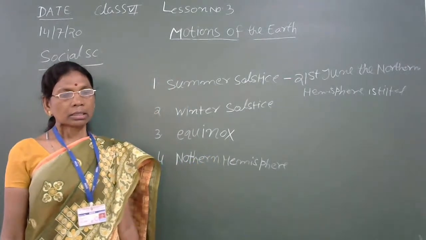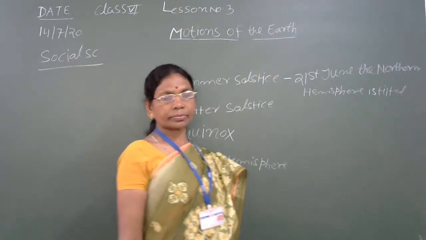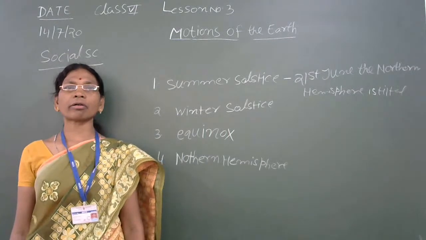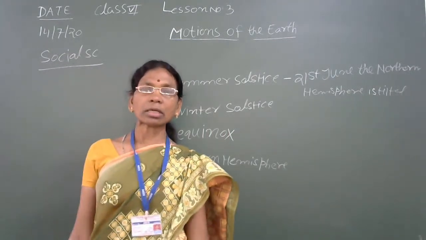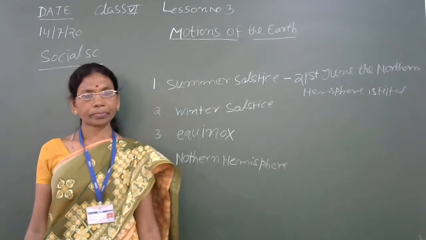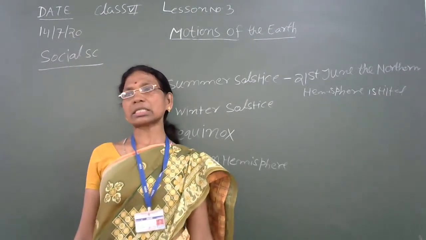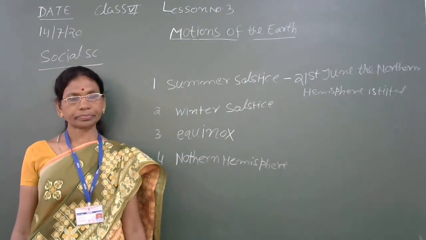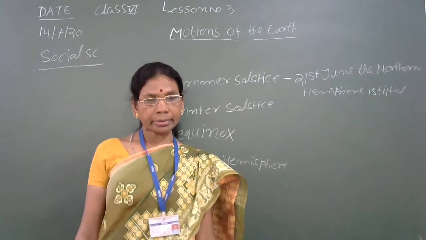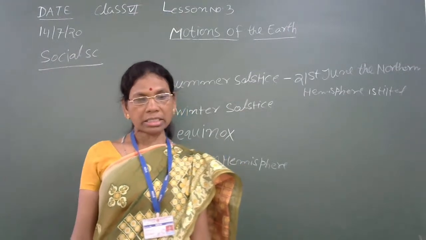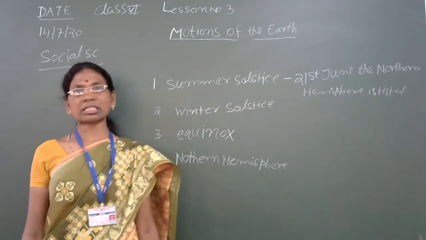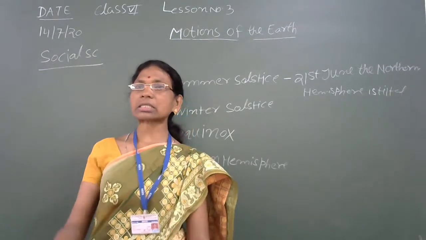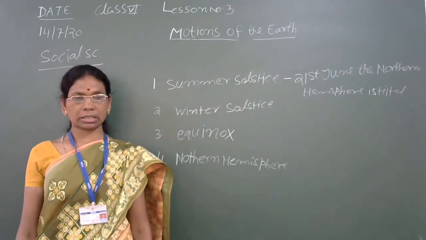Yes, beta. The second motion of the earth is around the sun on its fixed path, or you can say on its orbit. That is called revolution. It takes 365 days to complete one revolution. We consider a year as consisting of 365 days and ignore 6 hours for our convenience.